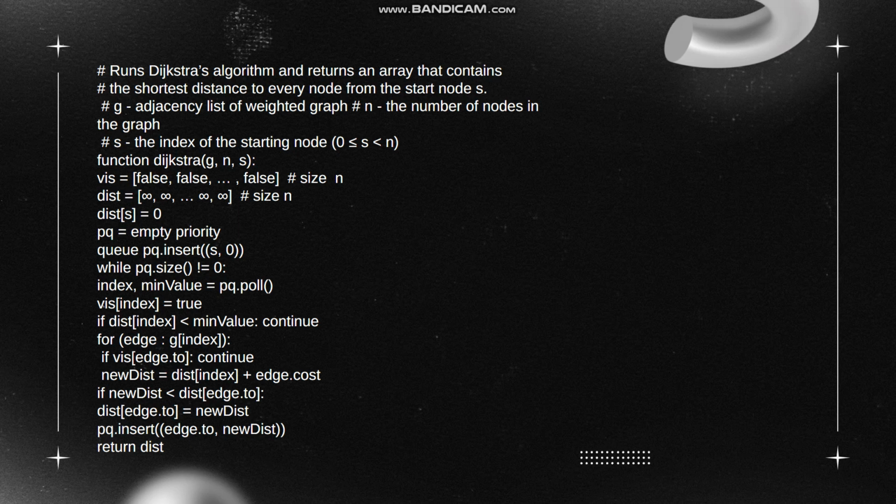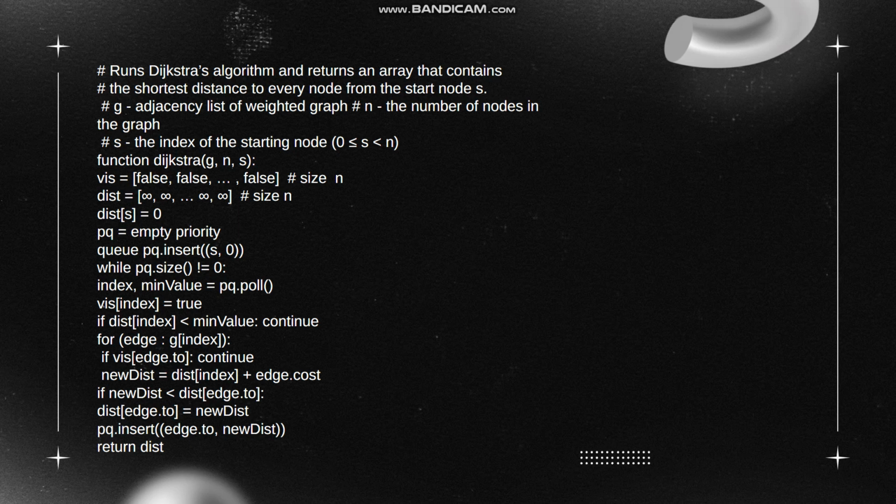Then we are going to insert new values into our priority queue. After this, we will have a loop: while our priority queue is not empty, at first we pull the index and the minimum value. Then we mark it as visited with value true.